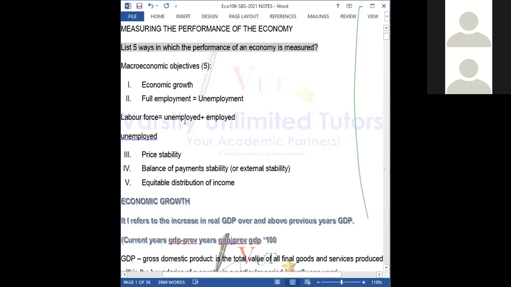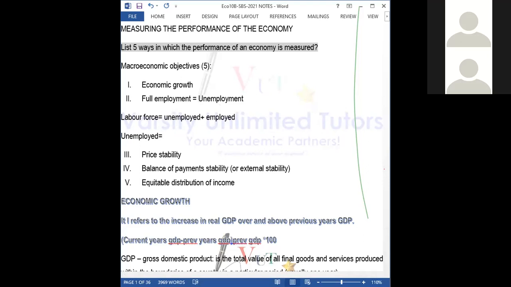When you're looking at the labor force in South Africa, we'll be looking at the sum of the employed individuals and the unemployed individuals. Measuring the unemployed individuals is what determines the unemployment rate.